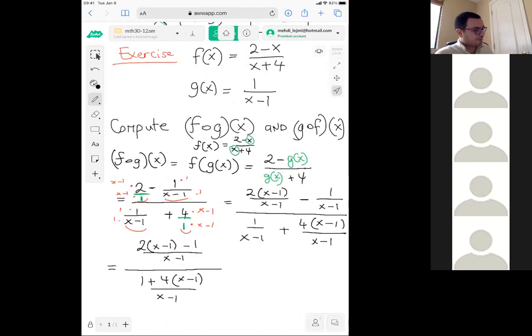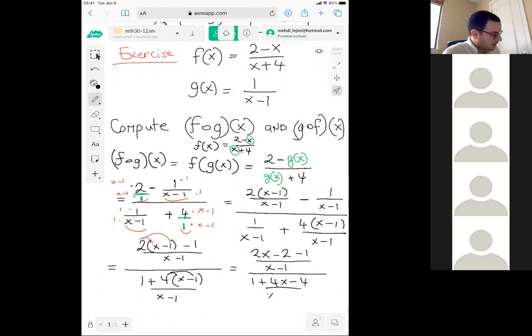Now let's simplify. If you distribute, the top is 2 times x minus 2 times 1, so it's 2x minus 2 minus 1 over x minus 1. In the bottom, you have 1 plus 4 times x minus 4 times 1, so 1 plus 4x minus 4 over x minus 1.